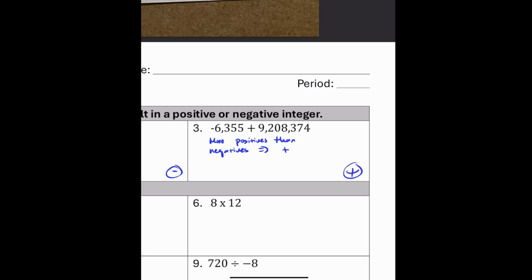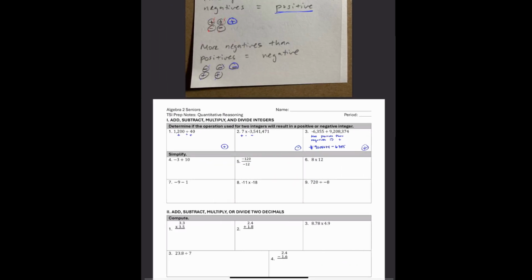Okay? Also, when you have a negative number that is to the left of the plus sign, you can rewrite this as this number minus 6,355. Something to note when we're going to be doing these problems here. All right?